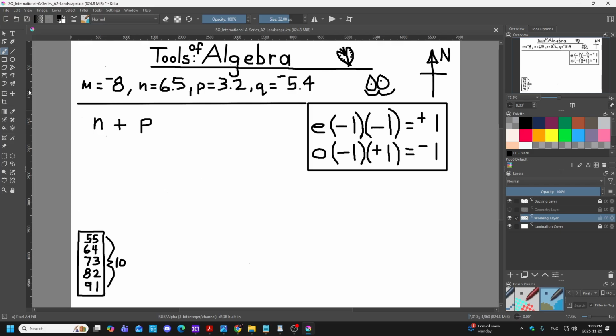This is where we improve our skill set with positive and negative rational numbers, okay? All divided by M. Okay, N plus P, all divided by M. All right, again, substitution.